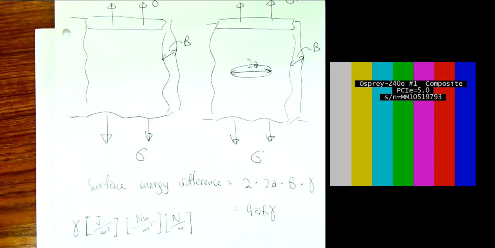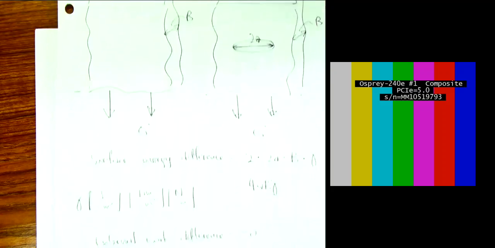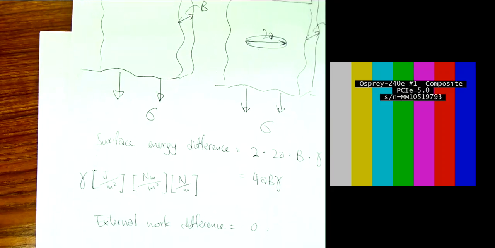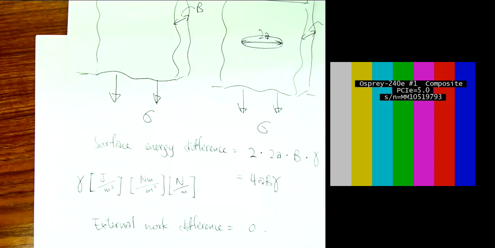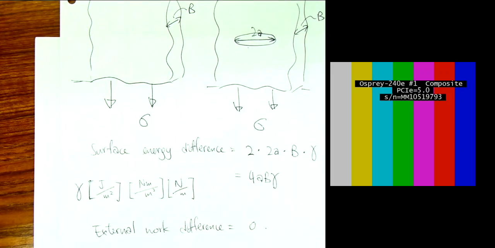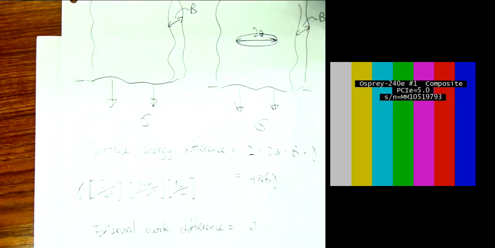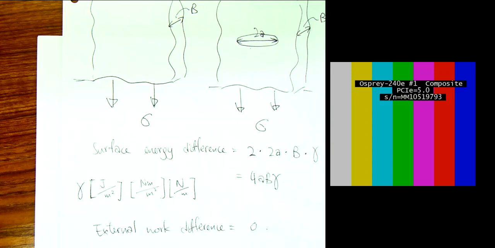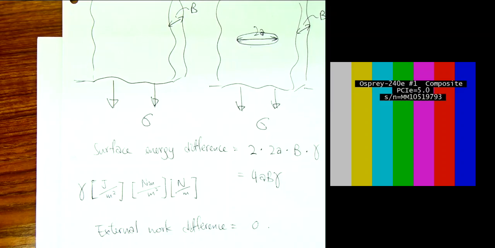And so the second part of energy that we should be looking at is the work done, right? There's a stress being applied on both configurations, and so the difference between the work done of these 2 configurations is exactly 0. Again, we're talking about the difference, not the absolute work done.